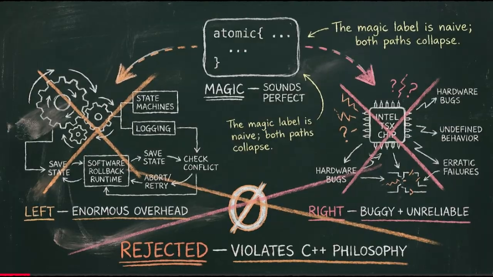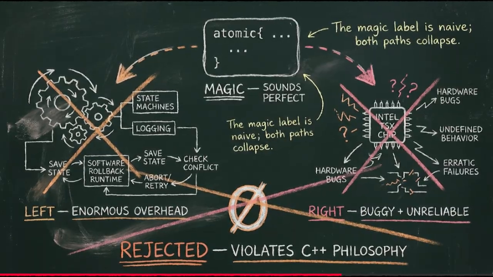They also rejected the Transactional Memory Technical Specification, the TMTS. This is the idea where you could just wrap a chunk of code in an atomic block, and it would execute atomically, automatically rolling back if there was a conflict with another thread. Sounds great on paper. Sounds like magic. Why didn't we get that? Because it violated the core C++ philosophy of zero overhead abstractions.